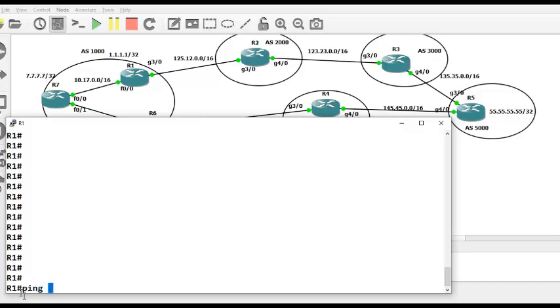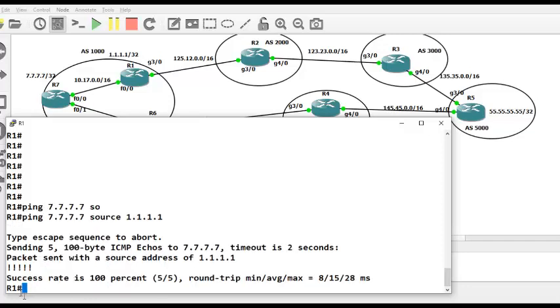As a result, I can ping 7.7.7.7, which is the loopback address of router 7. So see, there is reachability between loopbacks. We may use this also to form neighbors, the loopback. So let us form neighbors using loopback within the IBGP environment.